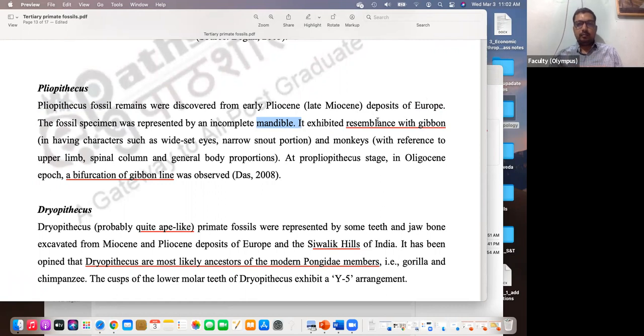So it had resemblance with gibbons. Previously we talked about gibbon-like features, right? So here they have a lot of similarities with the gibbon, with characteristics like wide set eyes and a narrow snout. So facial changes: widely placed eyes and a narrow snout, which are ape features.